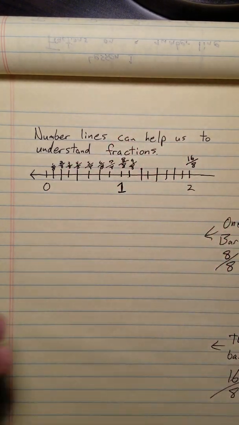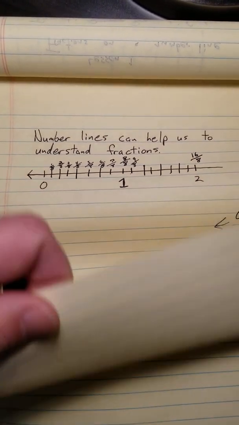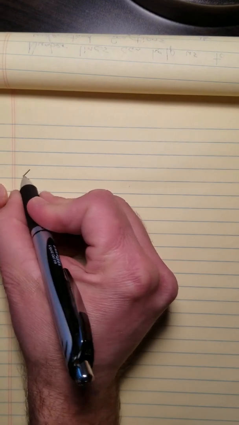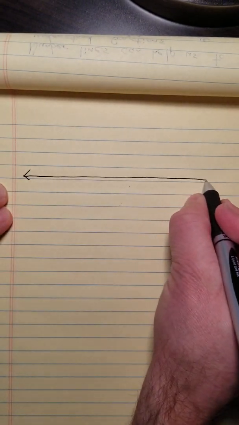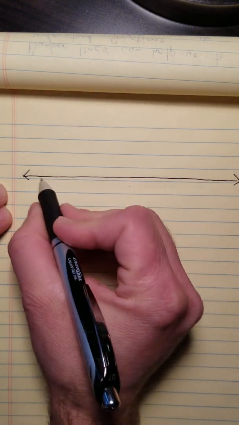So, if you could, take notes. Okay? Because I'm making a number line. We can go on with the bars of chocolate, but we're making a number line using shapes. Okay?